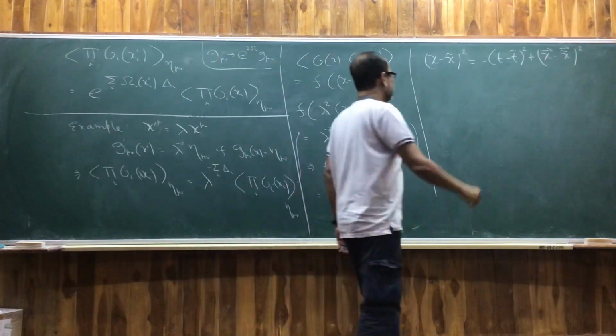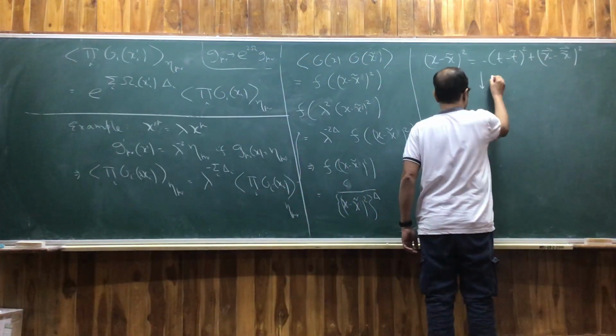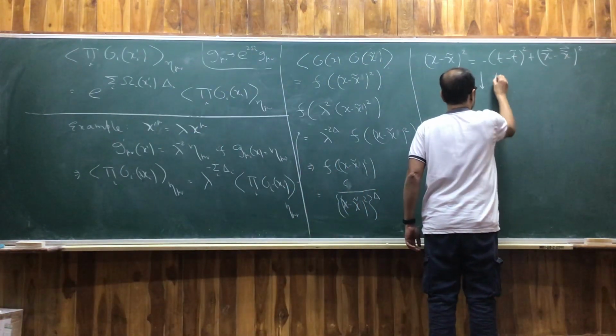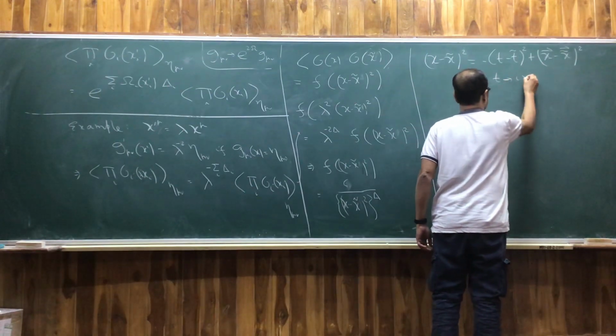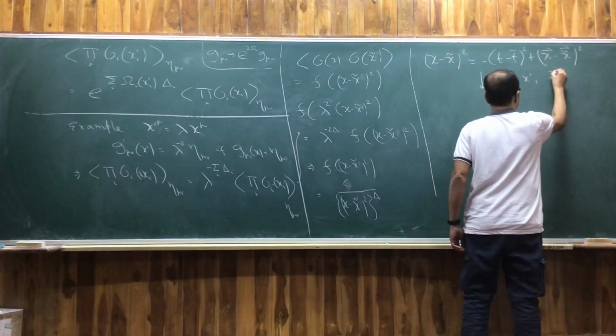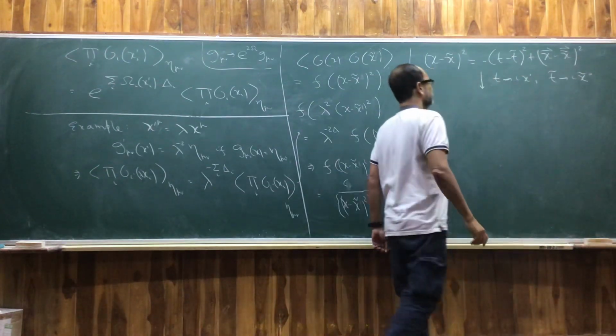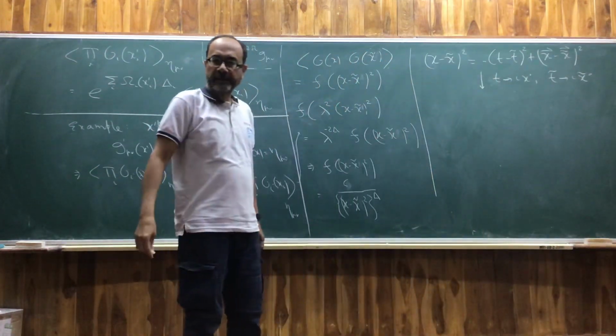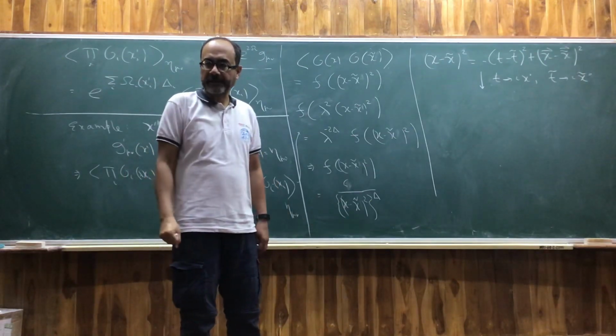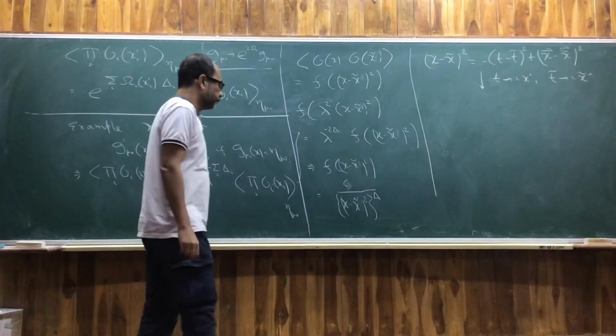Let's first make a Wick rotation. Take t to i x0, t tilde to i x0 tilde. So you get to d-dimensional Euclidean space instead of Minkowski space.